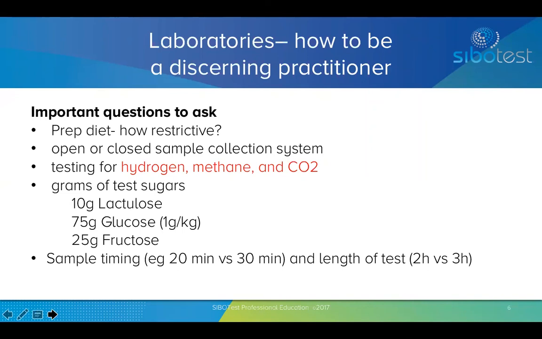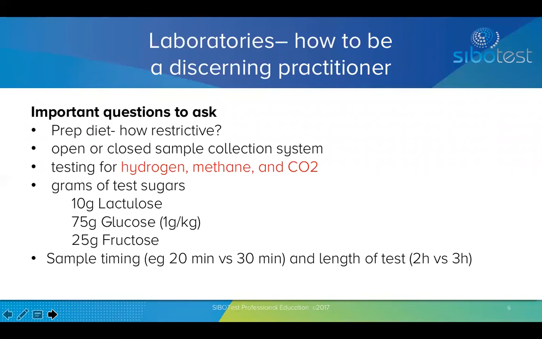And so a 2 hour test is sometimes not long enough to really demonstrate that. But the window of testing, or the window of opportunity for testing for SIBO, is somewhere between 90 and 100 minutes. There are other labs that interpret up to 120 minutes, and that's sort of a transition zone between the small and the large intestine.